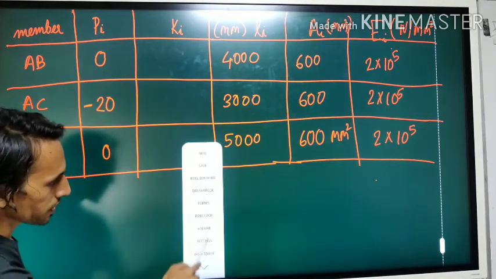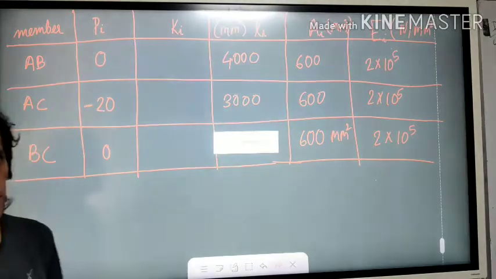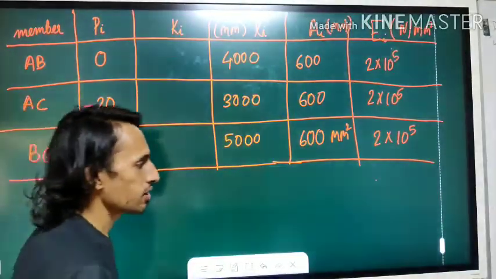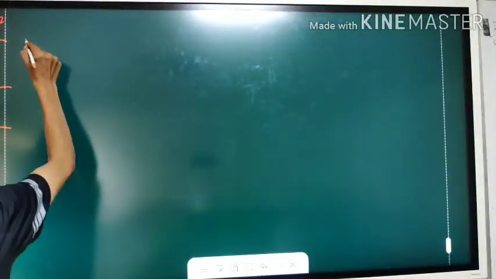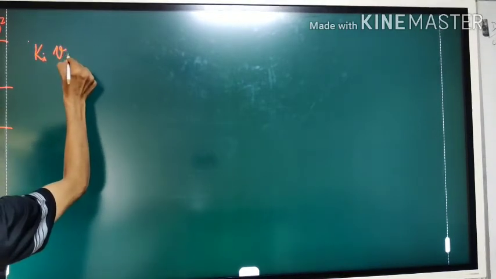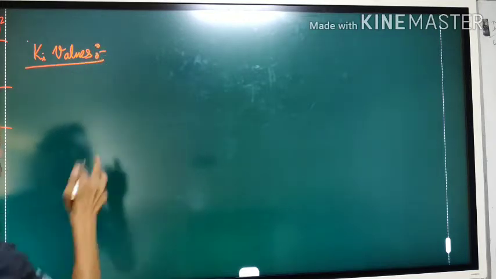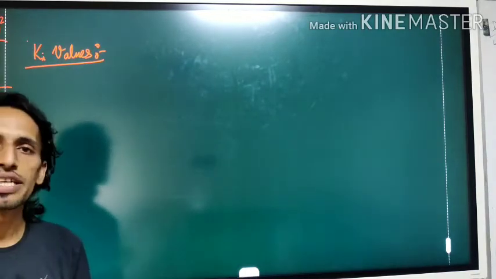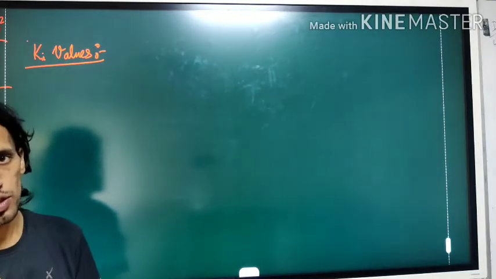So this much we know now. We only need the K i values. So let's start finding the K i values. What are K i values? Since we are studying the unit load method, now we have to apply a unit load.